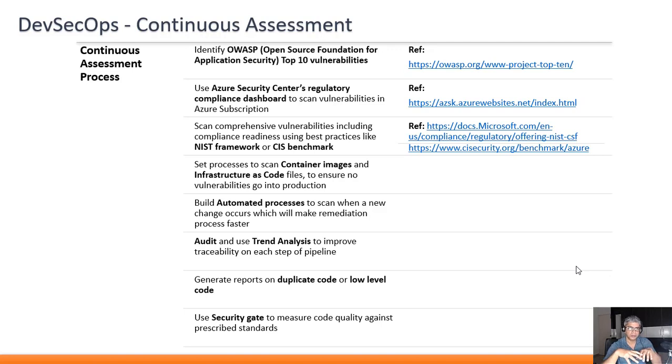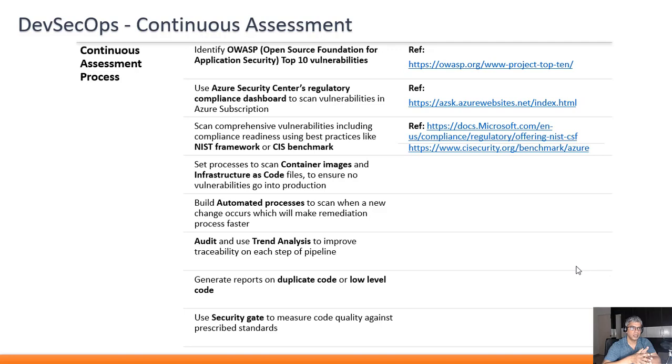We also need to generate reports for duplicate code, because one of the most important things when you are deploying an application to a deployment environment like production is the code. That's the framework.